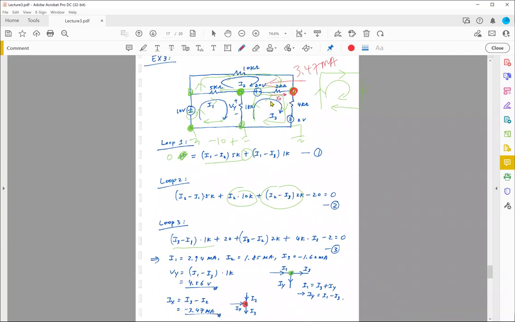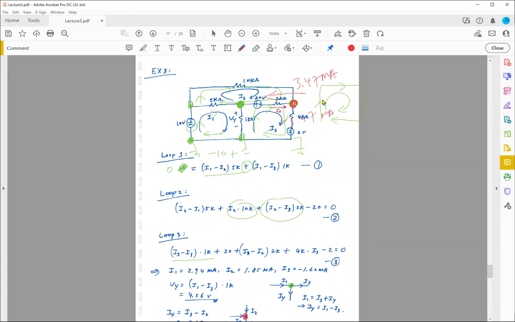If Ix going from left to right is minus 3.47, then the current going from right to left will be positive 3.47. That's just the way the current direction is flipped or reversed.